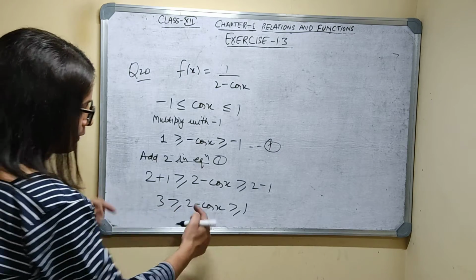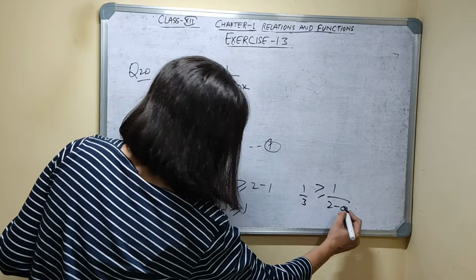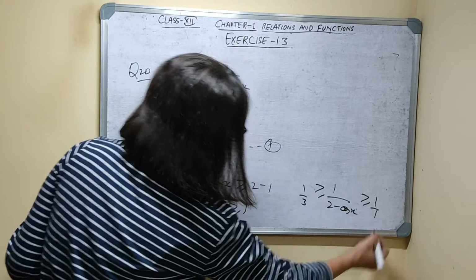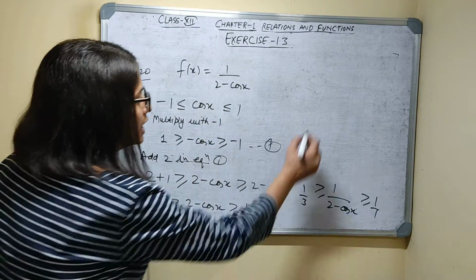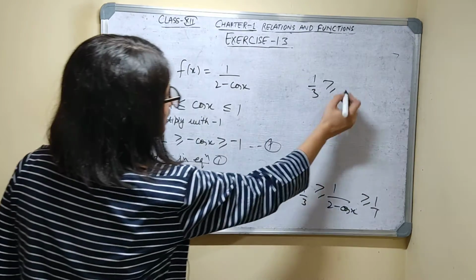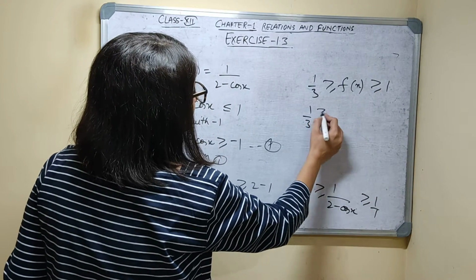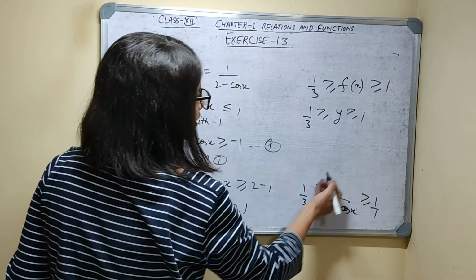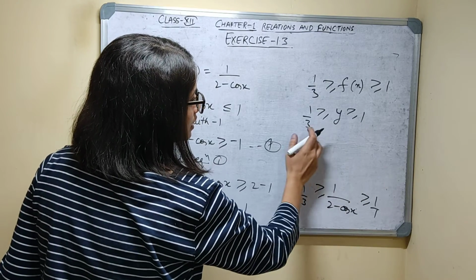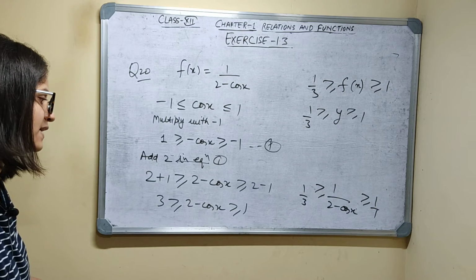So I will take the reciprocal: 1/3 ≤ 1 / (2 − cos x) ≤ 1/1. So f(x) is between 1/3 and 1.